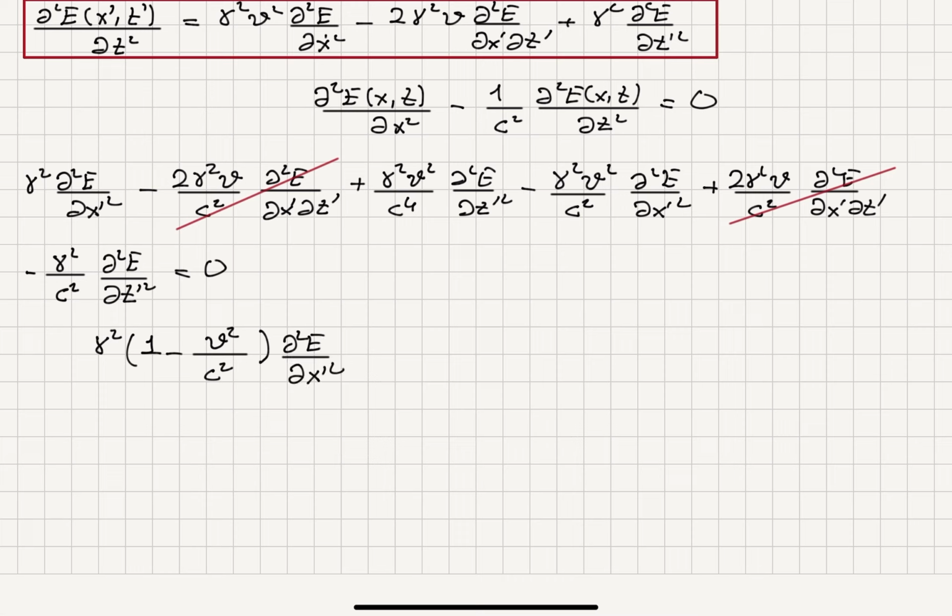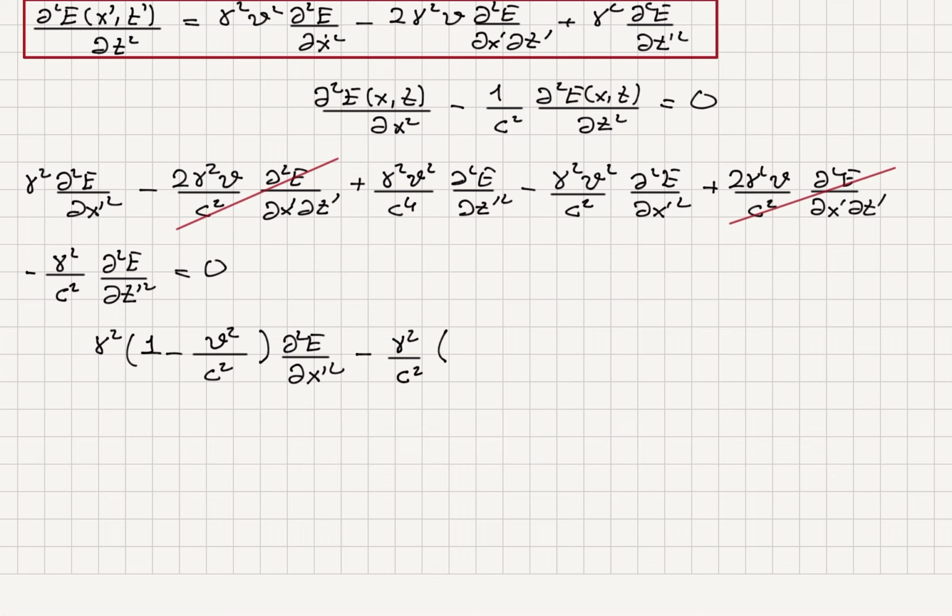And for this term I have gamma square over c square, parentheses 1 minus v square over c square, if I write it with a minus sign. So let's write this as minus gamma square over c square.